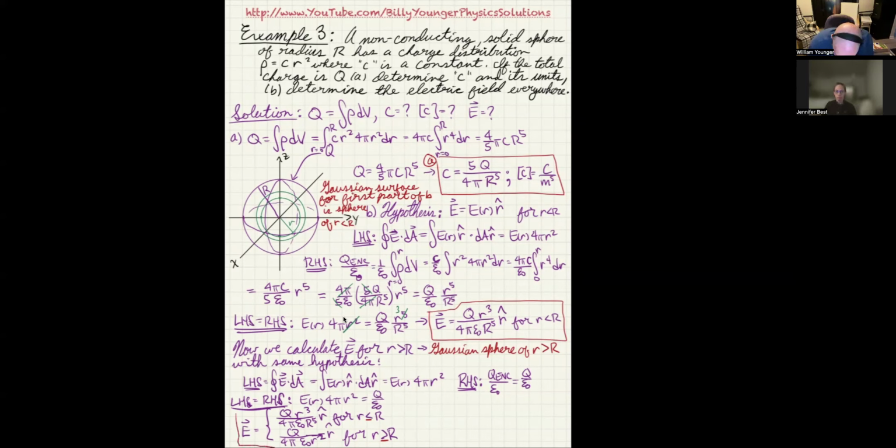And we now have the answer for the electric field in all space. Any questions on that one?